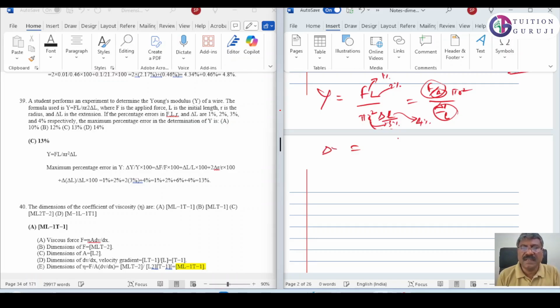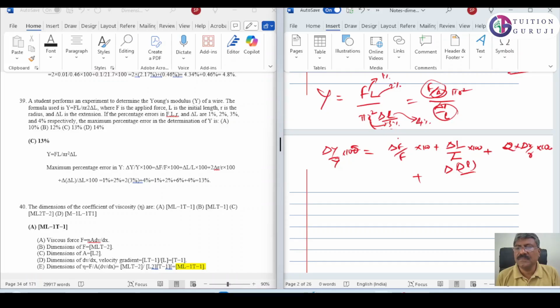So delta Y by Y into 100 is the maximum percentage error in Young's modulus, which is equal to delta F by F into 100 plus delta L by L into 100 plus 2 into delta R by R into 100 plus delta of delta L by delta L into 100.